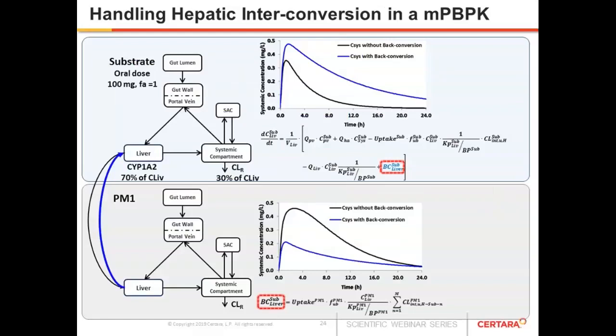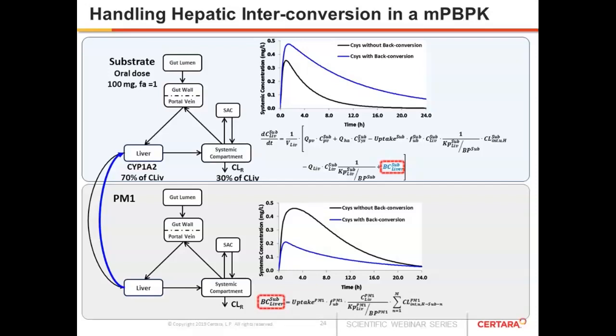In this example, the substrate is given orally and is completely absorbed. CYP1A2 metabolizes the substrate into the primary metabolite in the liver, accounting for 70% of the systemic clearance of the substrate. Renal excretory clearance accounts for the 30% of the systemic clearance of the substrate.